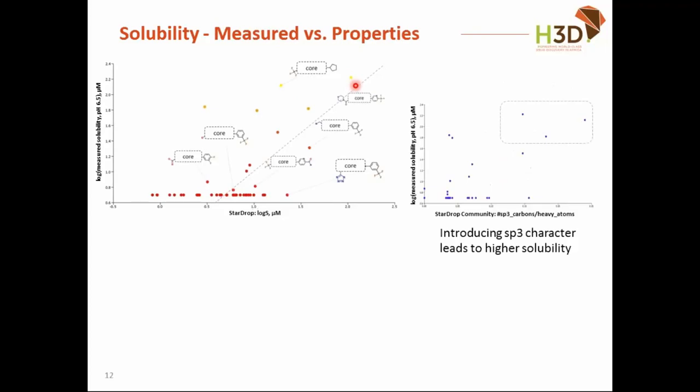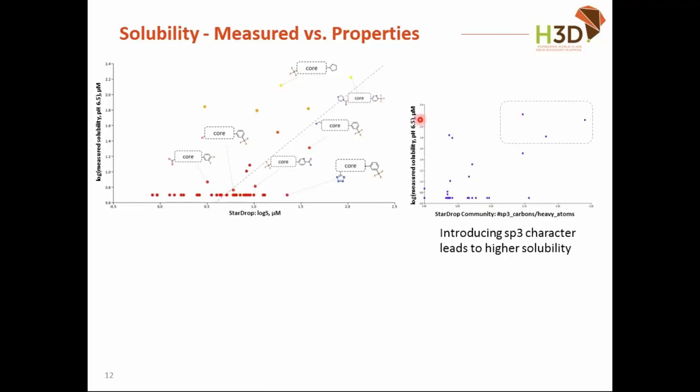Also, another parameter that we can look at is the number of sp3 carbons in our compounds, and we see that this correlates a lot better with the measured solubility than the predicted solubility. So if we increase the number of sp3 carbons in our molecules, we are more likely to have high solubility.